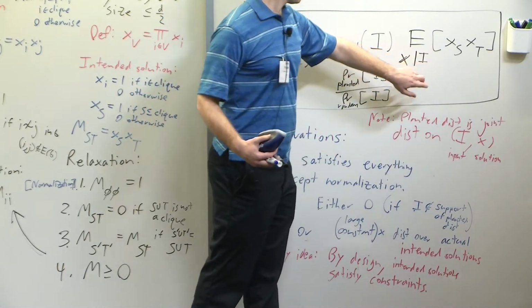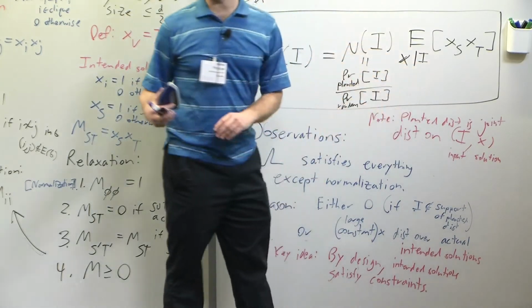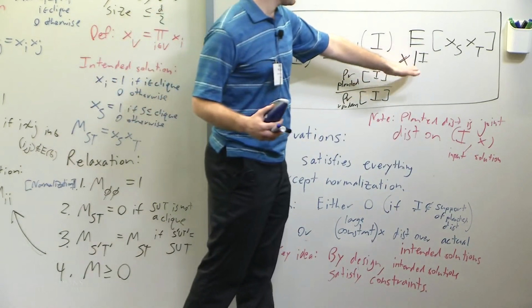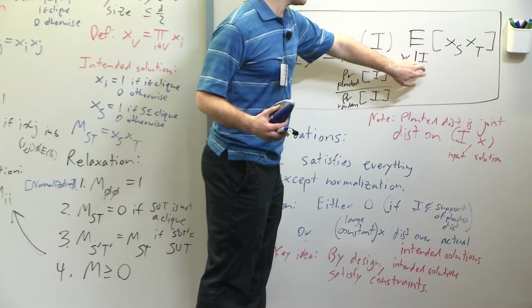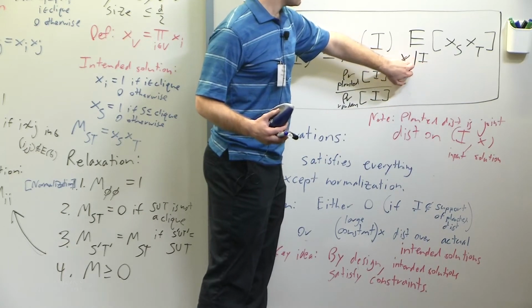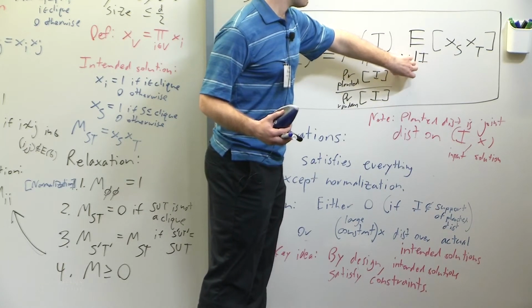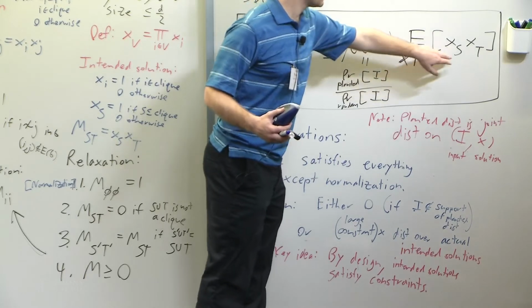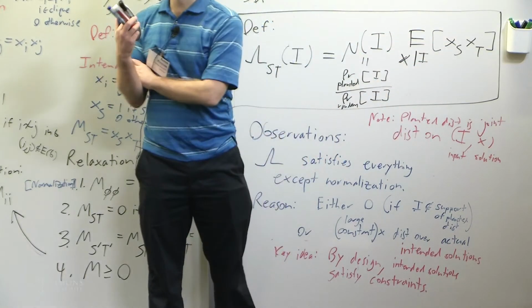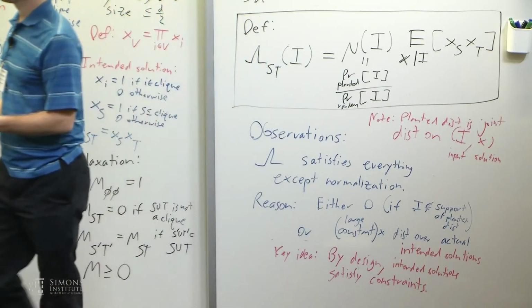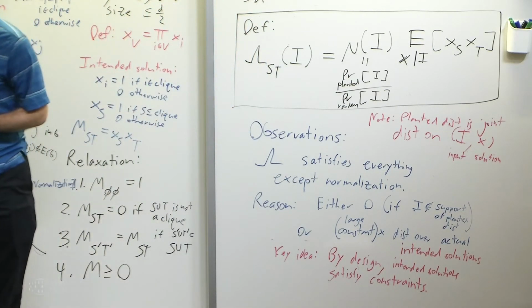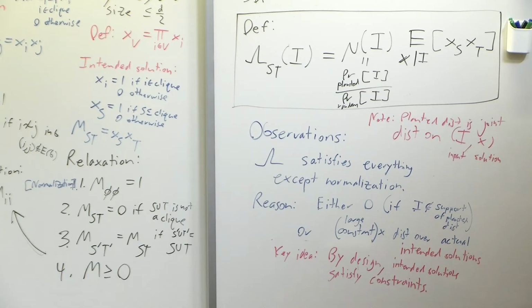It's possible, though it turns out pretty rare, that there could be multiple x's. But this is just saying, given that the input is I, take the expected value over the corresponding x's of x_s times x_t. Okay. So this is just the moments of the actual solution. Yes.